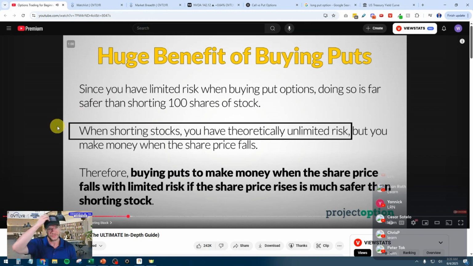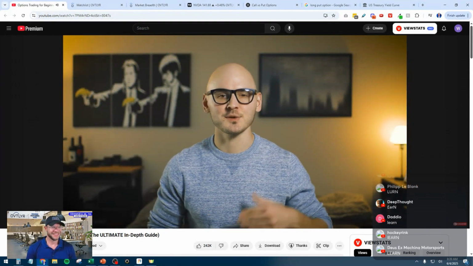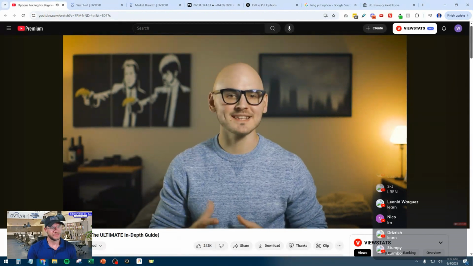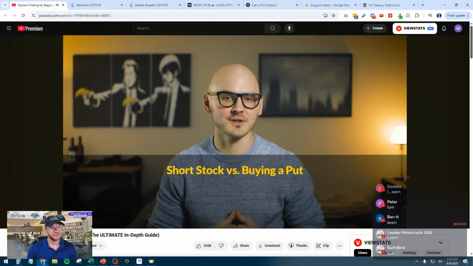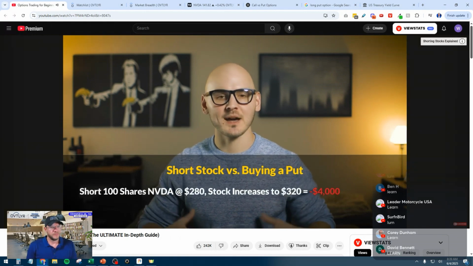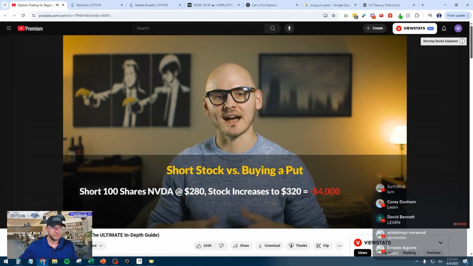When you're shorting stocks, you have theoretically unlimited loss potential. So if you were comparing shorting 100 shares of stock to buying a put option, you would have much less risk buying a put option. In this Nvidia example, if I shorted 100 shares of stock at $280 per share and the share price went to $320, I would have a loss of $4,000, a $40 loss on 100 shares.